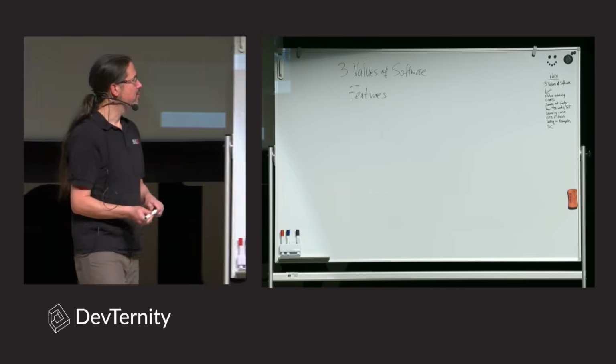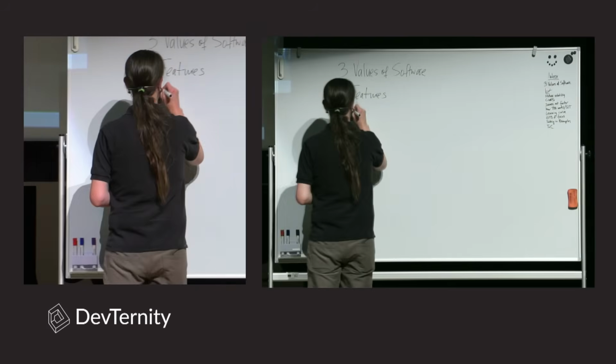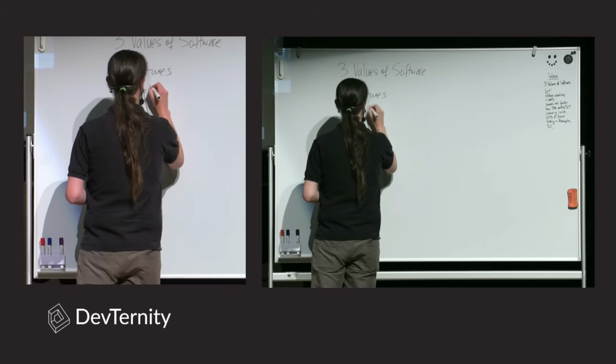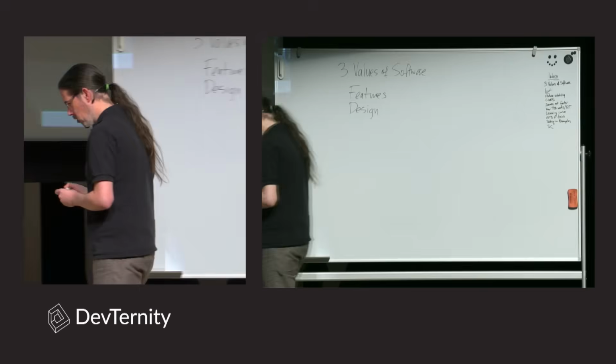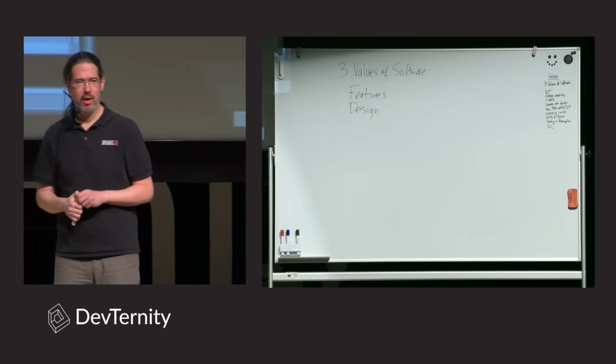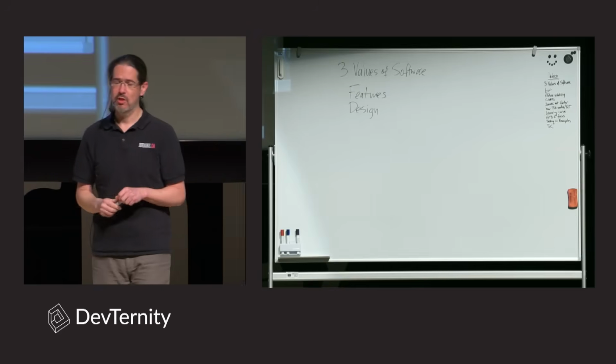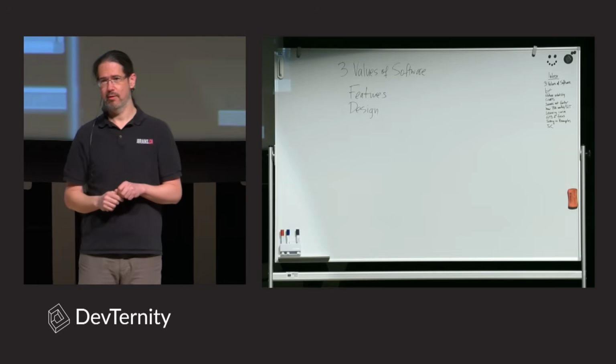A second value in software comes from design. Venkat already spoke about this, Sandra already spoke about this, so I don't necessarily have to speak about it at extreme length.